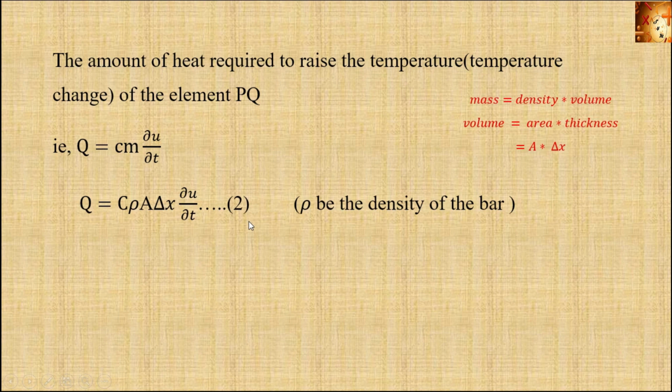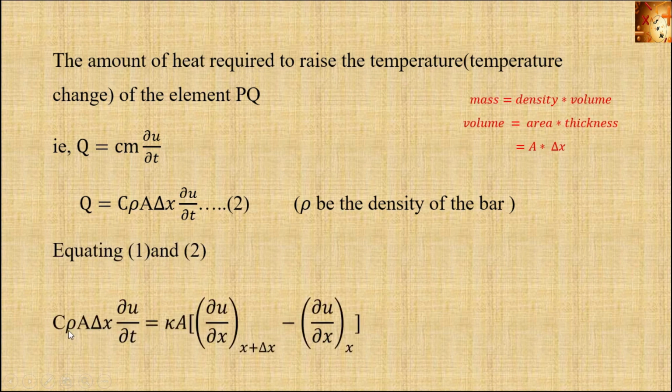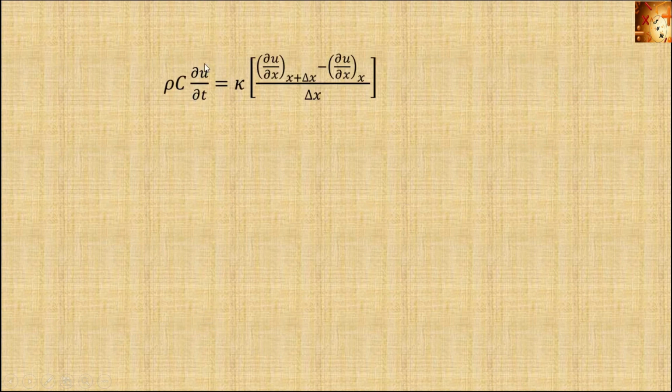So Q = Cδ A Δx ∂u/∂t, equation number 2. Next we equate equation 1 and equation 2. Therefore, we get Cδ A Δx ∂u/∂t = KA [∂u/∂x at x plus delta x minus ∂u/∂x at x]. Here A is common, so it cancels. Then we have δC ∂u/∂t = K [∂u/∂x at x plus delta x minus ∂u/∂x at x] divided by delta x.